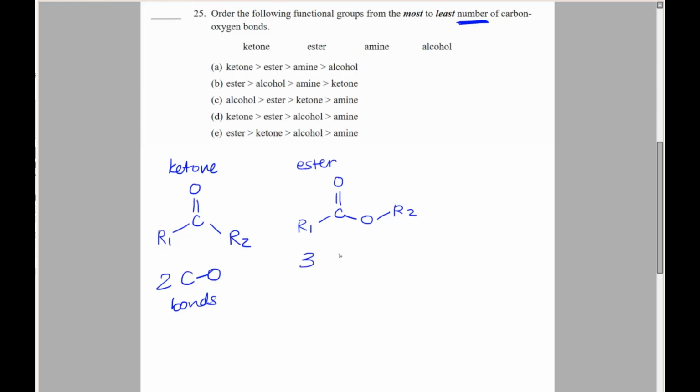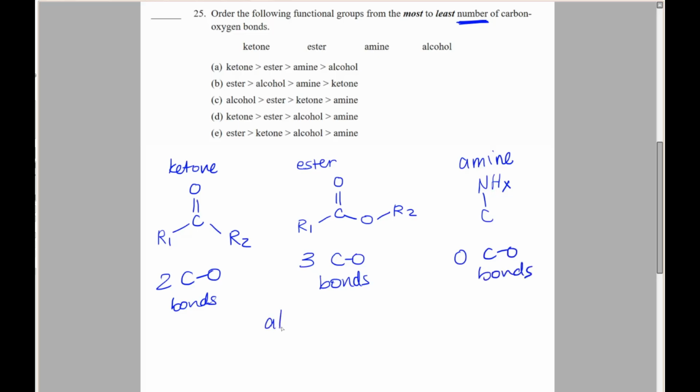So we have a total of 3 CO bonds in an ester. Next, we have amines, and amines have no carbon-oxygen bonds, and that's because an amine is just a carbon bonded to a nitrogen and some number of hydrogens, depending on whether it's anionic or cationic, whether it has a positive charge or negative charge or neutral. So this has 0 CO bonds.